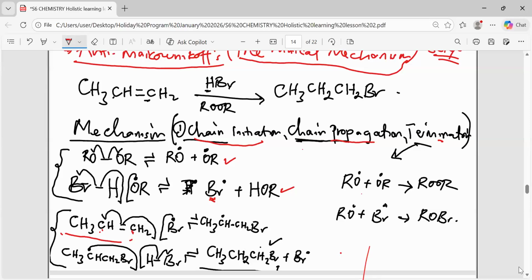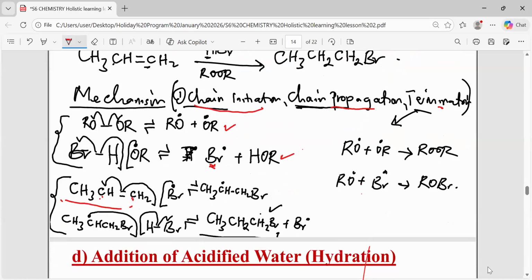Now, this compound that we have formed is still continuing. We are in propagation. So our product here still undergoes another propagation by reacting with the original reactant, hydrogen bromide. So this electron combines with this hydrogen, the bond attaching hydrogen to bromine breaks homolytically.